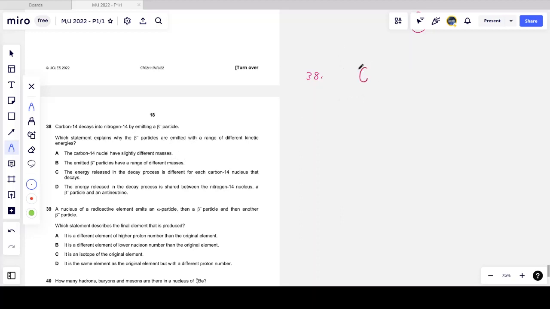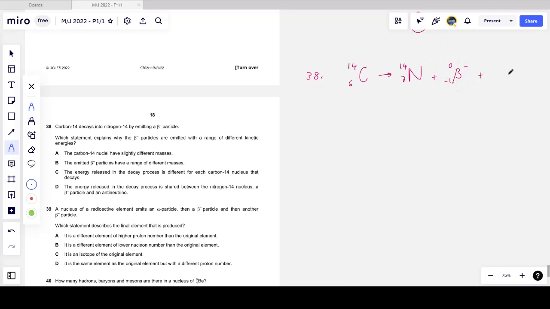So I have a carbon-14 nucleus. It decays via beta emission. It forms nitrogen-14. It also forms a beta particle. You have to understand beta decay. It's a beta minus particle, so the atomic number is -1 in this case, since an electron is negatively charged.